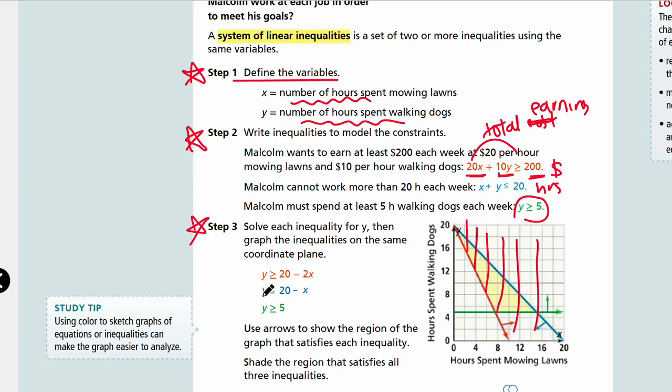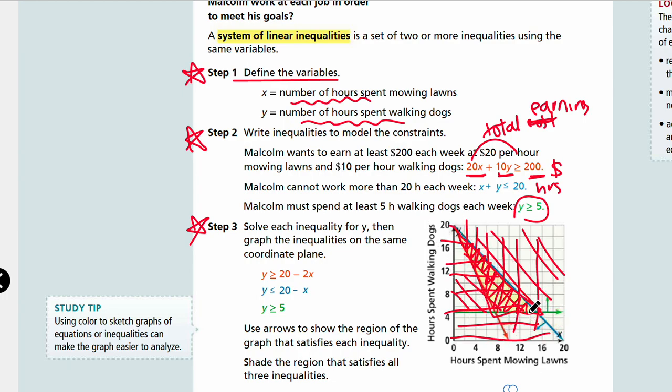And then the blue line is 20 minus X, and Y has to be less than that, so you color downwards. And then Y has to be greater than or equal to 5, so anything greater than or equal to 5 over here, right? So the only overlapping area is this one. Any point in this area would work, okay? So we have a lot of points, but the entire triangle area here would be our solution.